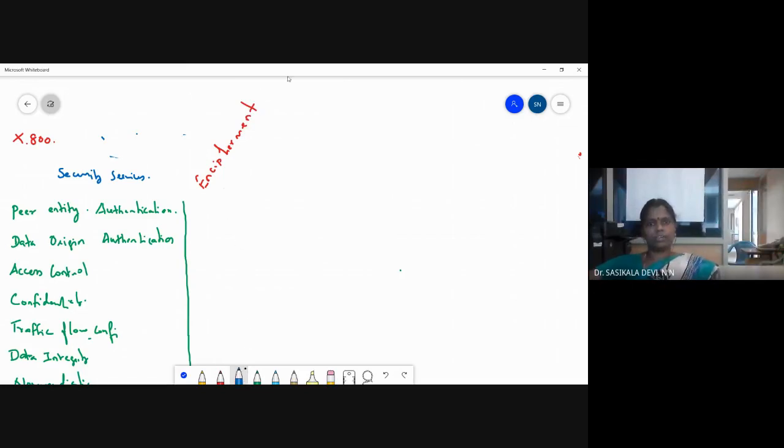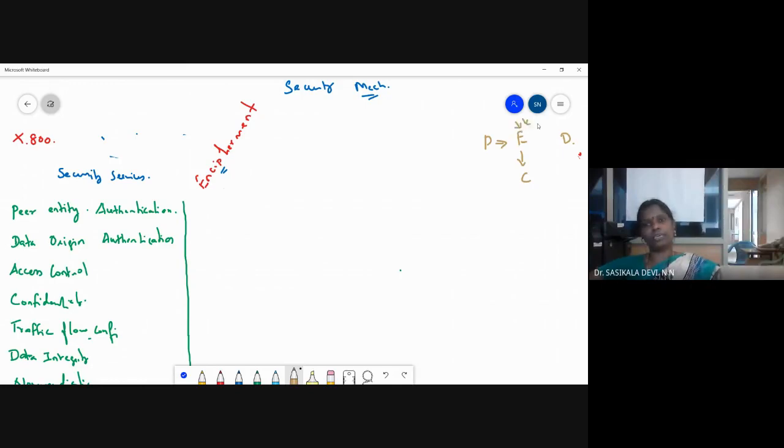This is known as a security mechanism. Encipherment is a process, an algorithm. It's based on two basic algorithms: encryption and decryption. So encipherment is a mechanism based on two basic subcomponents, encryption and decryption.